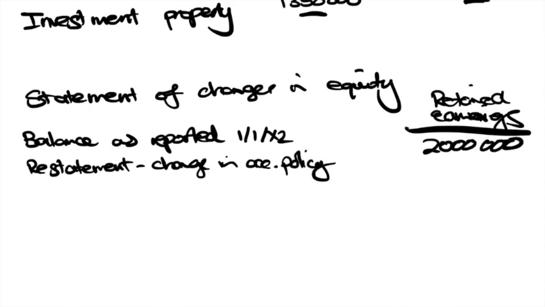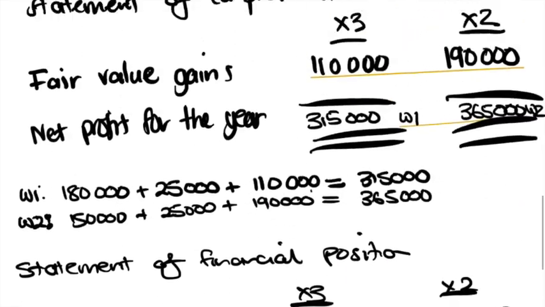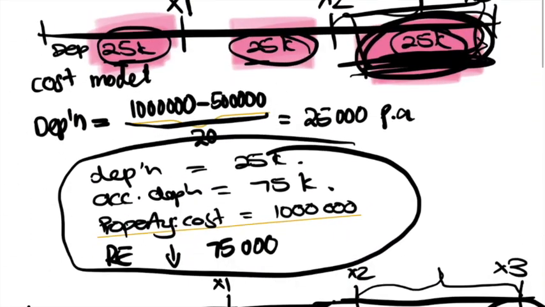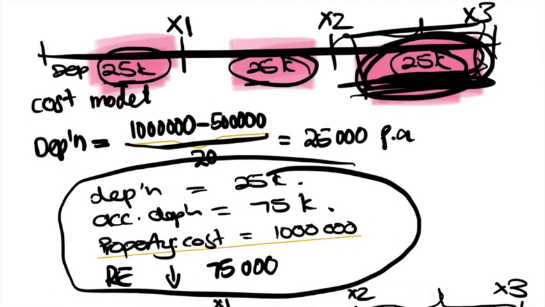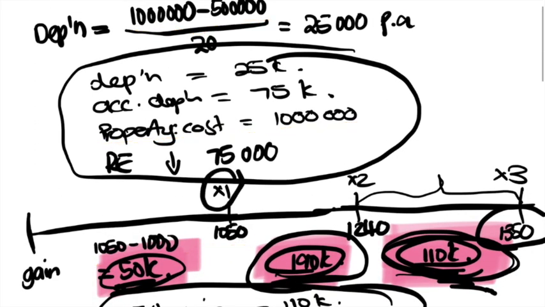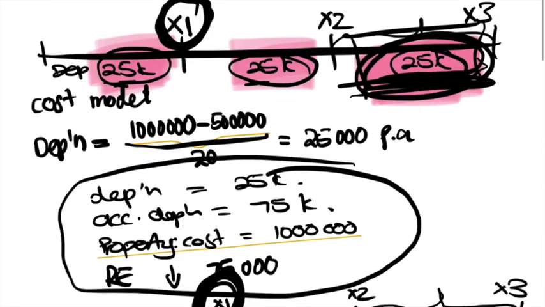And the restatement, let's think about what the cumulative effect of the restatement is. If we go back up to our calculations, remember, we're looking at the balance now at X1. So we've got to think about what has been the cumulative effect before that day. In the old policy, there was a depreciation of 25,000 that was recognized, but that depreciation now must be reversed, which means we're going to increase our retained earnings by 25,000.